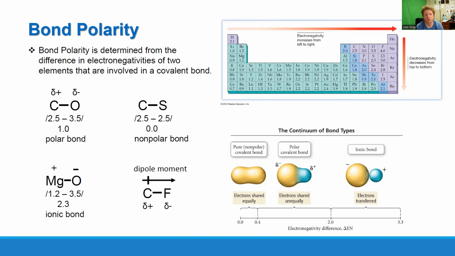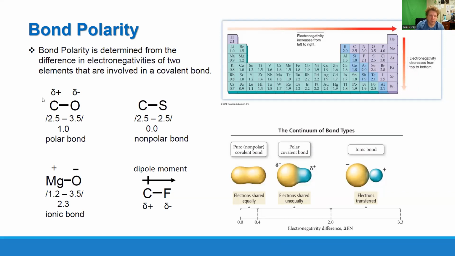Now, this is the sort of question that I will ask of you. A polar bond, or bond polarity, is determined from the difference in electronegativities of two elements involved in a bond. What we do is we look at the difference between those electronegativities, and this scale at the bottom gives you the range.